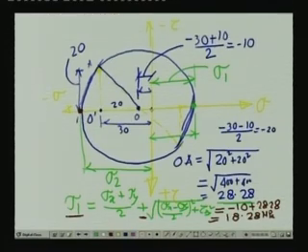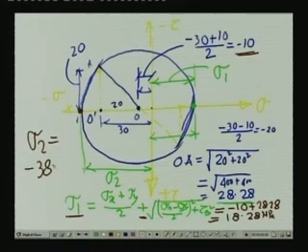So, the distance from here to here is 38.28, and in terms of this equation, sigma x plus sigma y by 2 is minus 10, and this radius is 28.28, which is subtracted. So, in a combined form, sigma 2, the minimum principal stress, is equal to minus 38.28 MPa.